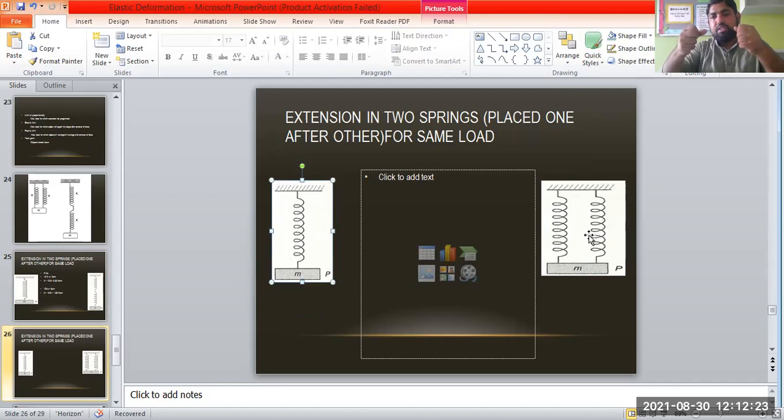At a given force, the thin wire will expand more and the thick wire will expand less. It will require more force for expansion. So if the force is the same and all other dimensions are unchanged, only the cross-sectional area is changing between a single spring and double springs, so the extension will be halved.